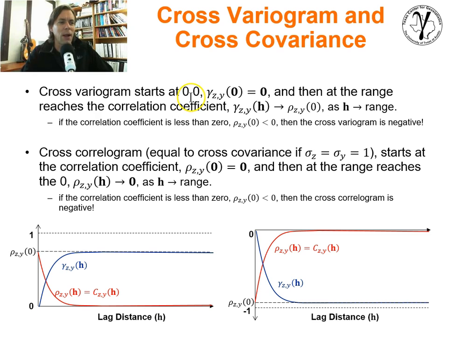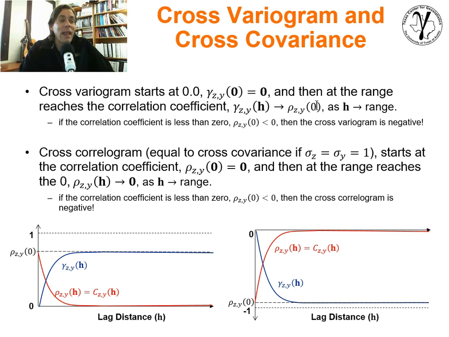The cross variogram, just like a regular old variogram, is going to start at 0, and as the lag distance increases, it will increase and level out at its sill, and the sill, as h reaches the range and goes further, is equal to the correlation coefficient between the two variables. We say correlogram at 0 distance, that's the correlation coefficient between the two variables.